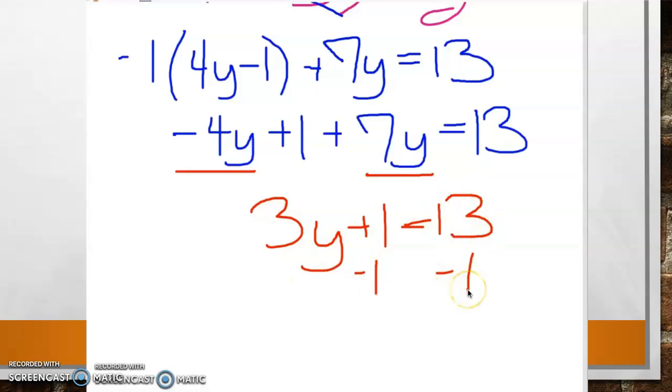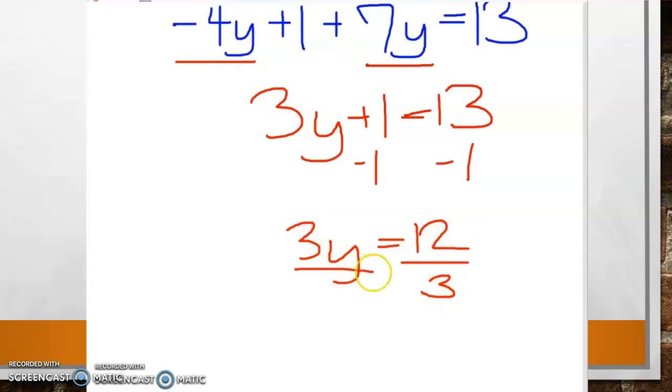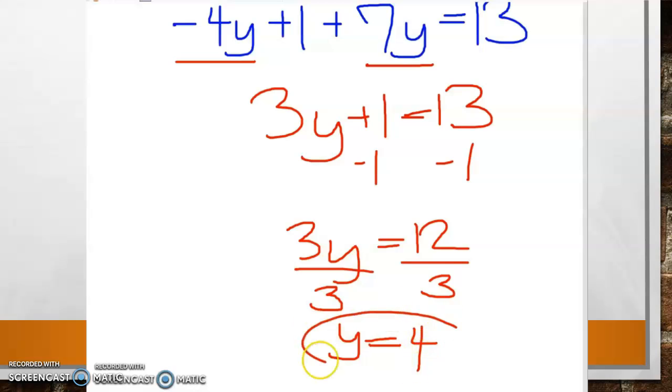Subtract the 1 from both sides. And you have 3y equals 12. And after we divide, our y value is 4. Now that we have that first value, we're going to use that to plug back into one of the equations we have.